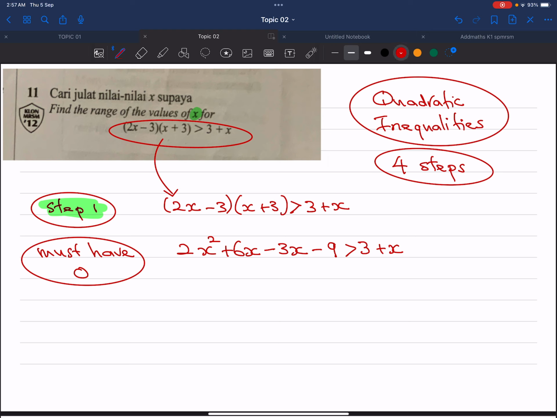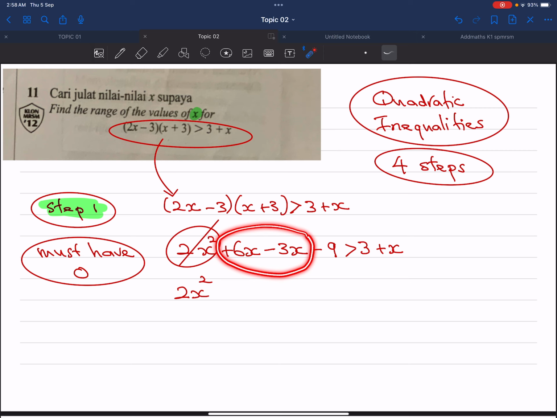So now we are going to simplify the left hand side first. We collect term by term. 2x squared, there is no other x squared, so I write back the 2x squared. Now I'm going to collect all the x terms.